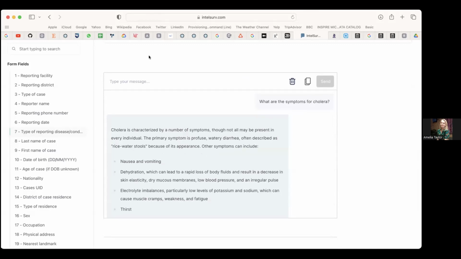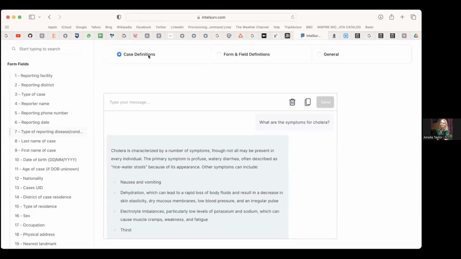Now, what we wanted is that these answers are consistent with the national guidelines rather than something that comes from other sources. So this is where that concept of fine-tuning, or directing the attention of the large language model, came in.